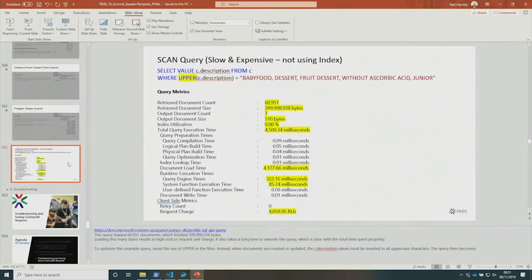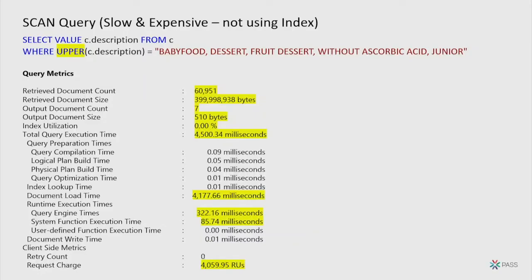Here's an example of me. I ran a query. It did a scan. It didn't use an index. I can tell it didn't use an index because if I look down, it says index utilization. The fifth one down says 0%. That's not a very high percent. It read 60-odd thousand documents, for whatever, was that 4 gig?